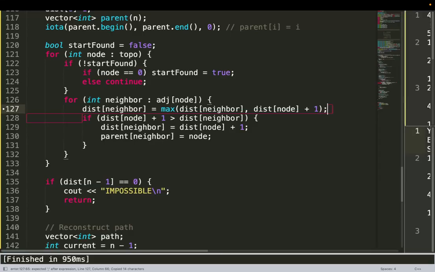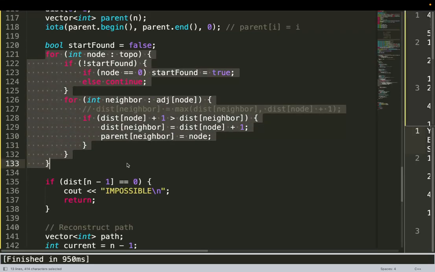I would have written something like this as well, but since I needed to populate the parent, and I will populate the parent when from node to neighbor you are getting more nodes in the path, right? So for that reason, I have written it like this: if distance of node plus 1 is greater than the distance of neighbor, in that case, distance of neighbor will definitely become distance of node plus 1 and parent of neighbor will become equal to node.